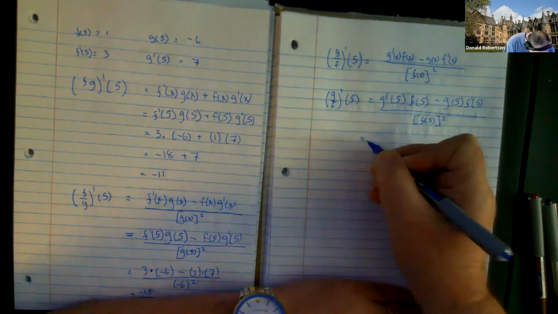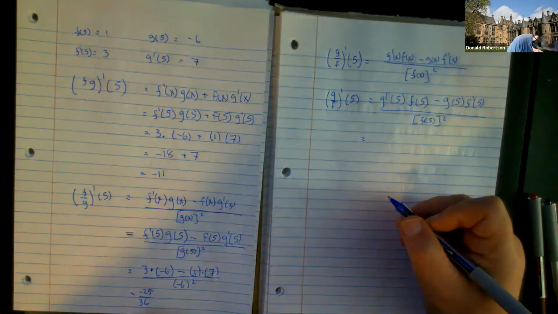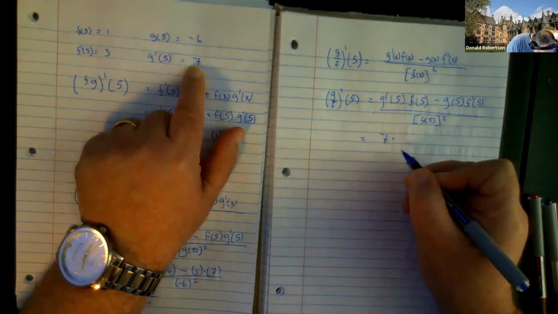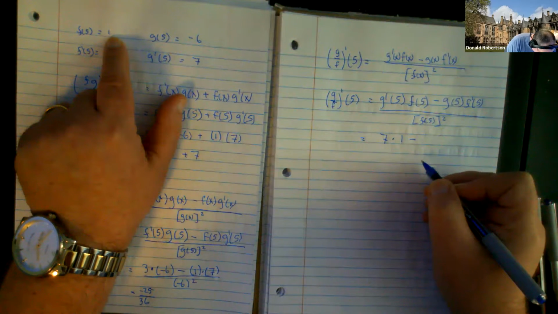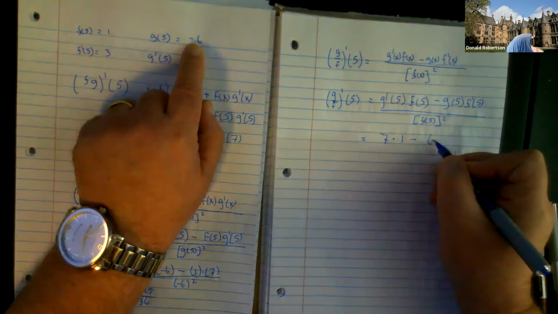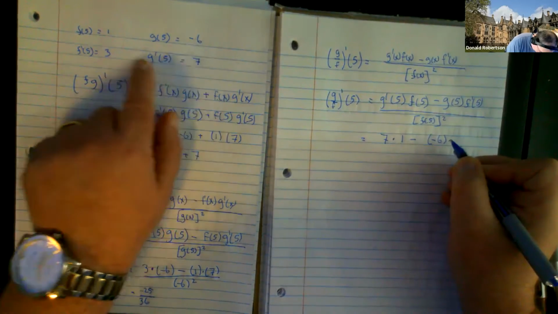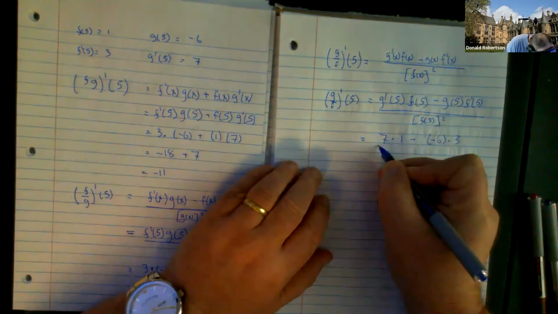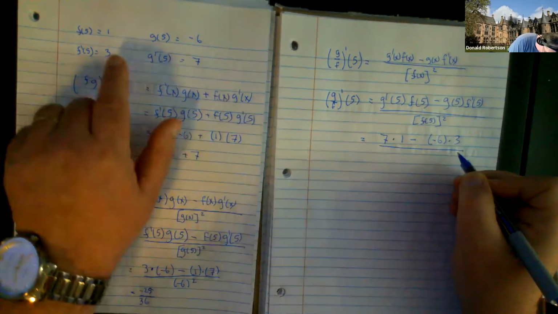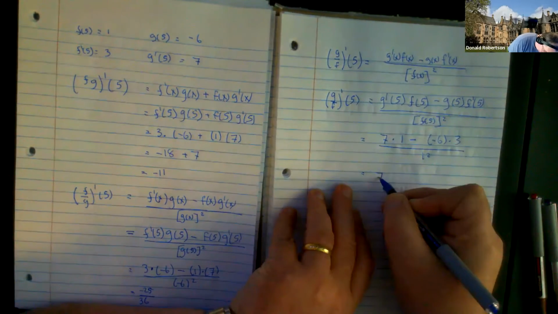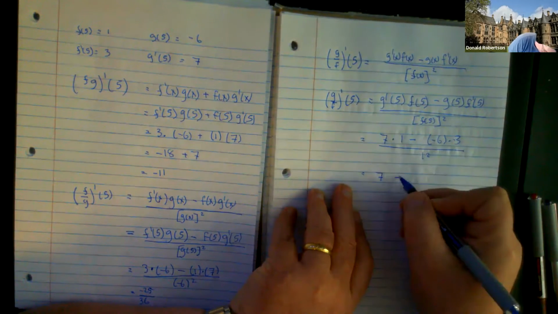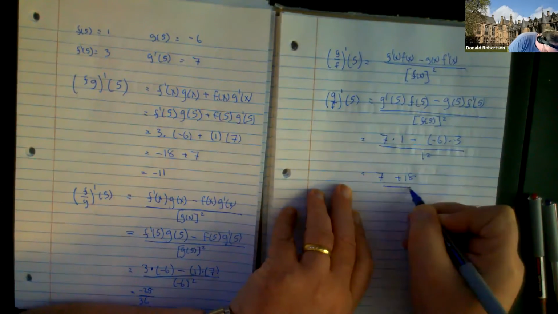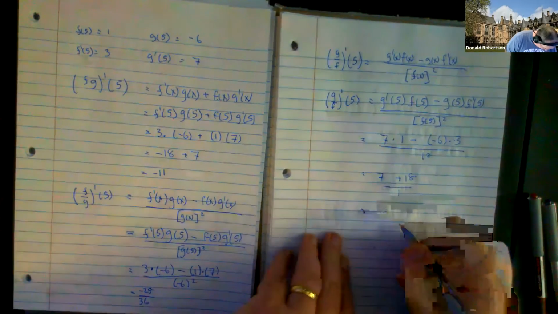And here goes. g dashed is 7. f is 1. Negative 6, 3, over 1 squared. 7, well, take away that makes it plus, so you get plus 18 over 1. In this case, the answer ends up being 25.